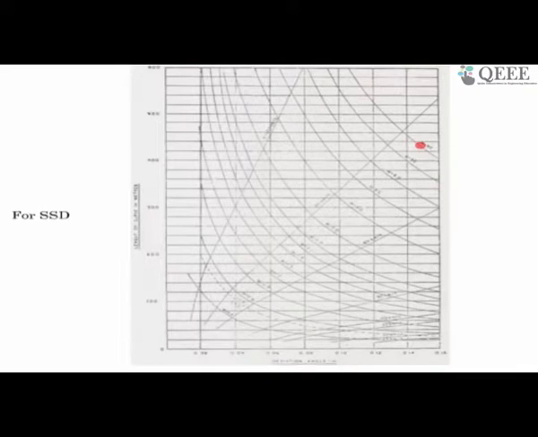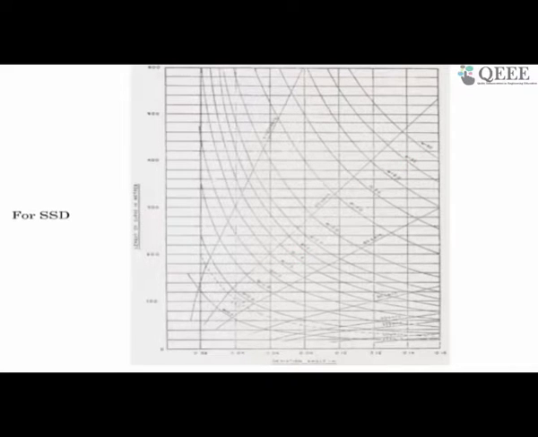IRC actually made our life simple in finding this length of the curve. So how did they do it? Here on the x-axis there is the deviation angle, and there are various vehicle speeds in this direction, and this is the m.